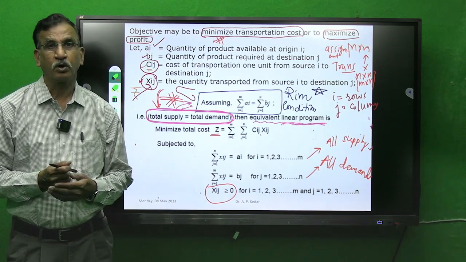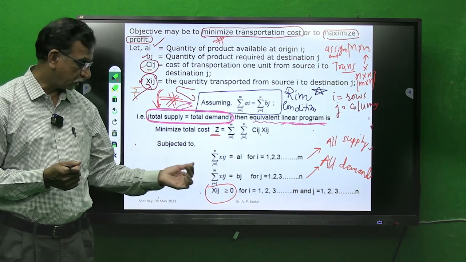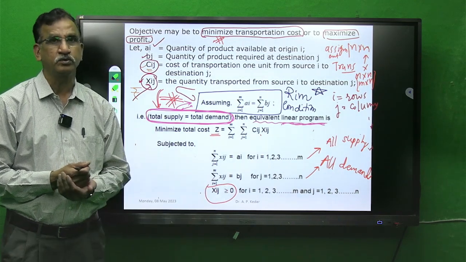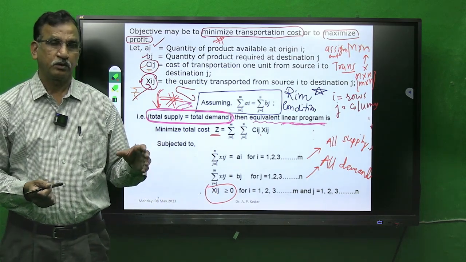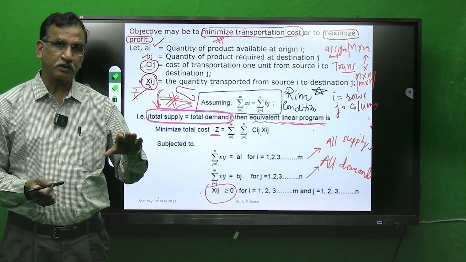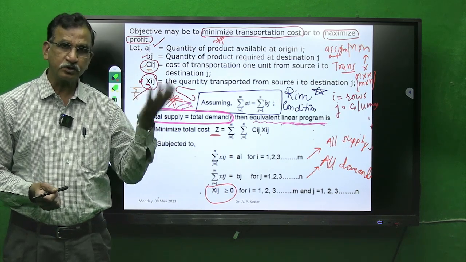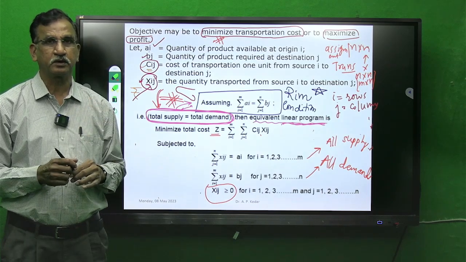This is the non-negativity condition, that is, all Xij values are greater than or equal to 0. The meaning is you can transfer quantities greater than 0, or at all you will not transfer anything.